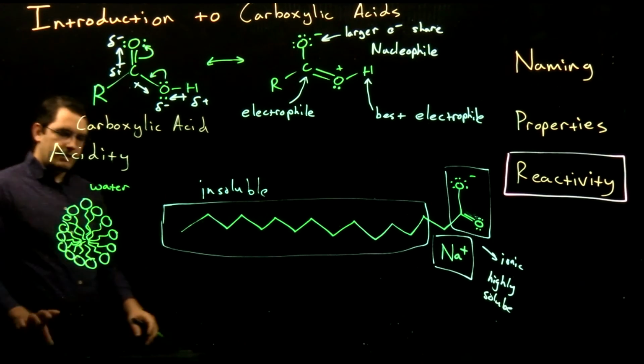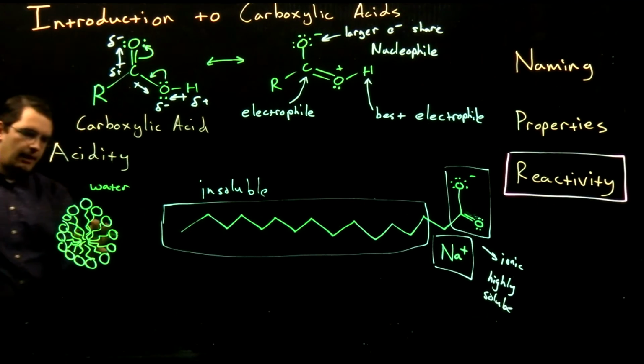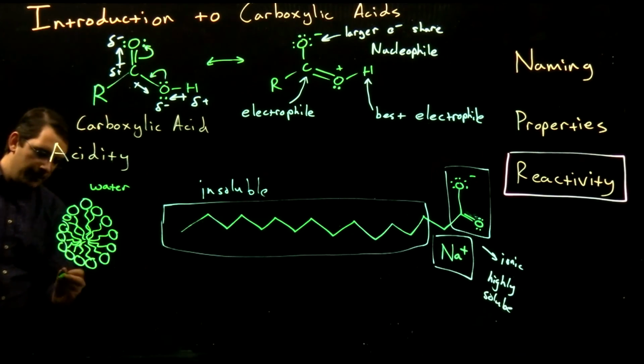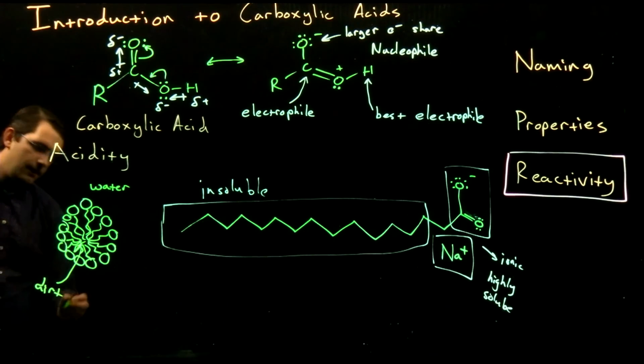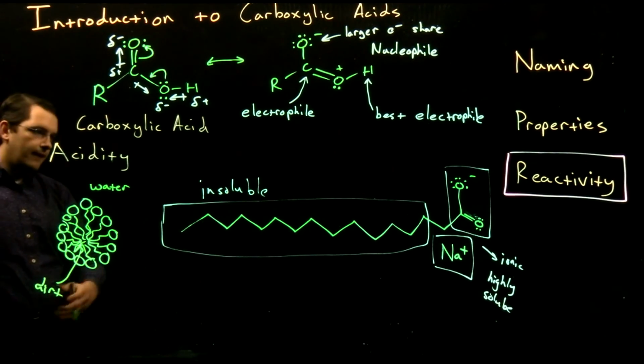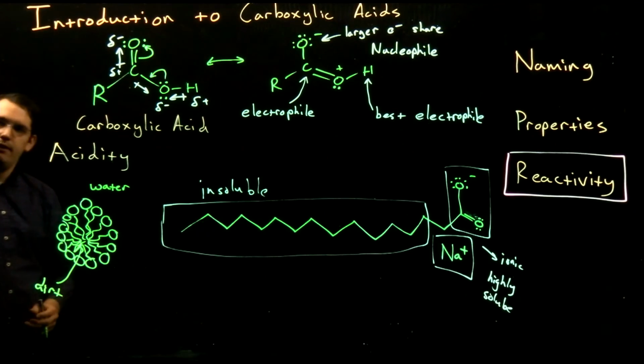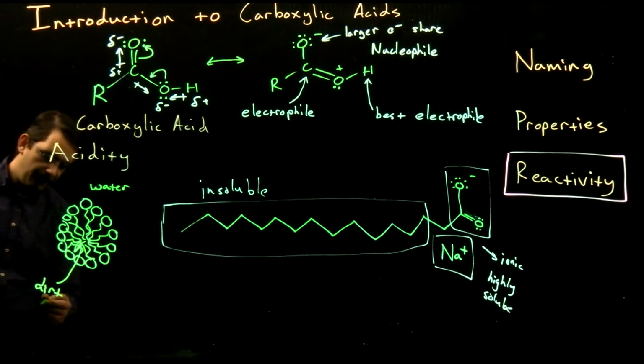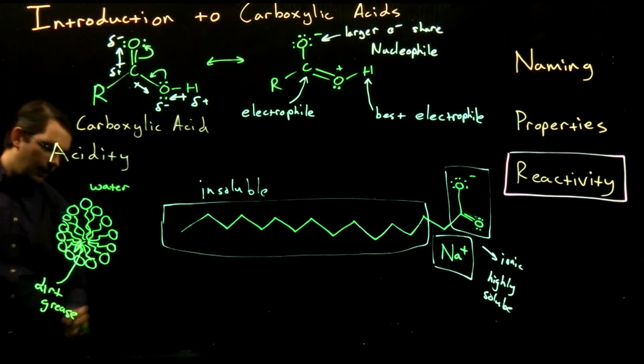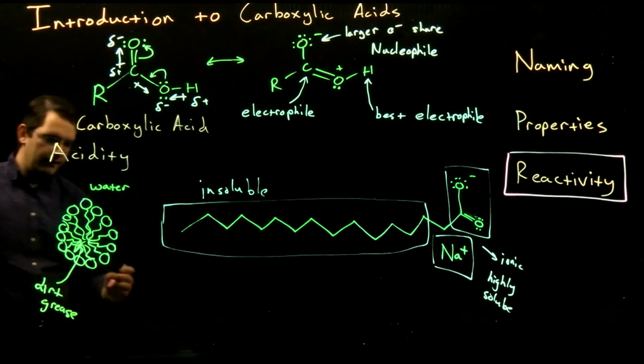Right? So the water will be out here, all of our insoluble portions are hiding from the water, and then our dirt and grease molecules that are more oily and like our insoluble portion of our molecule will tend to go to the middle of this cluster. This is a micelle, is what we call this.